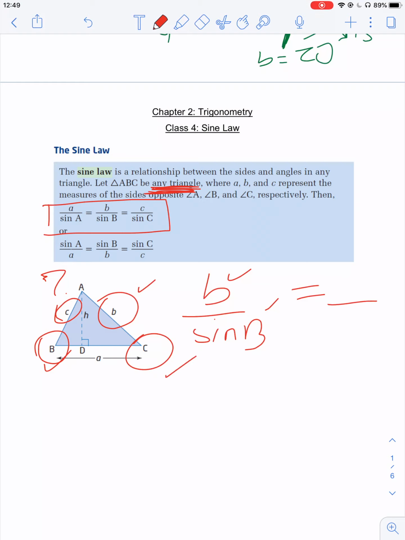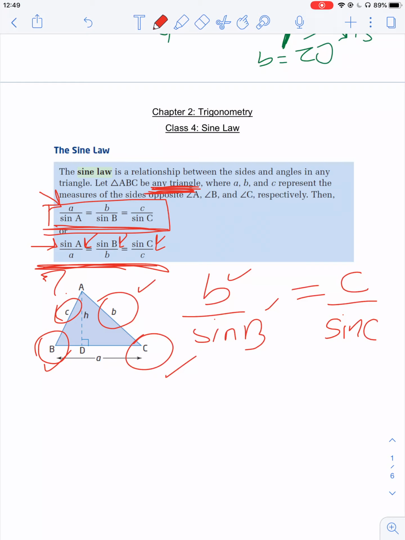Then you're going to use sine C over c. You have to be consistent. If you're putting your side lengths on top, then your angles will go underneath. Or you could put the angles on top, then your side lengths will go underneath. But if the angle is on top in one of your ratios, then it has to be on top for each one of them.